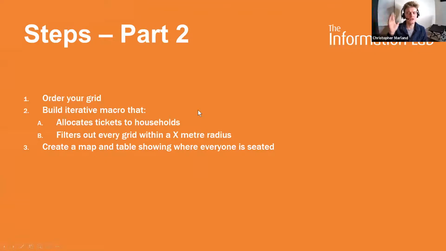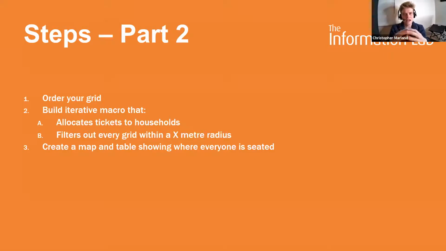Now in part 2, there's less steps here, so it looks simpler, but it's not. So first, order the grid, and then we needed to build an iterative macro that allocates the tickets to a household, and then filters out every single grid with an X meter radius. So we're saying, okay, here's a household. We're going to give them seats 1, 2, 3.